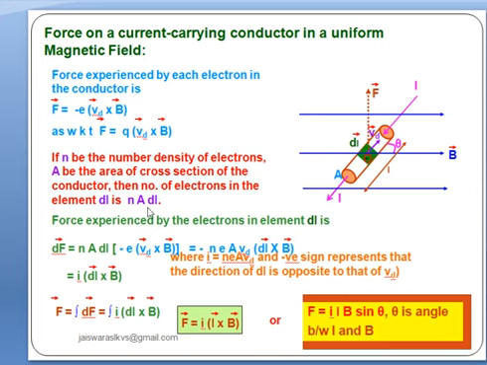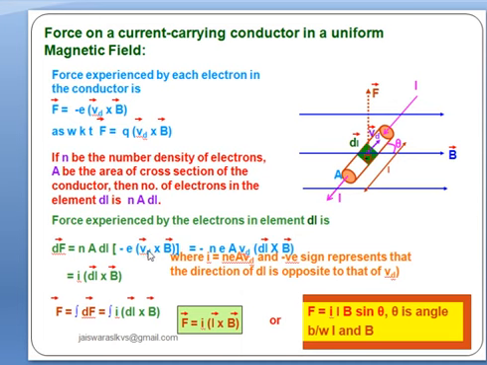Therefore, the force experienced by the electrons in small length dl will be small force dF = nA dl (-e v_d × B).